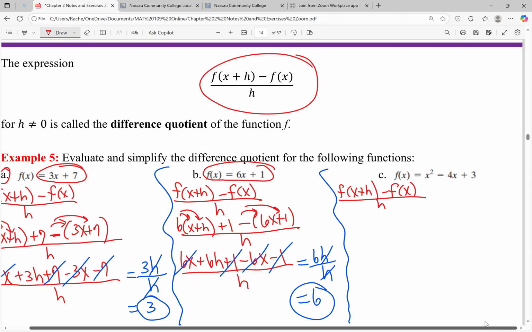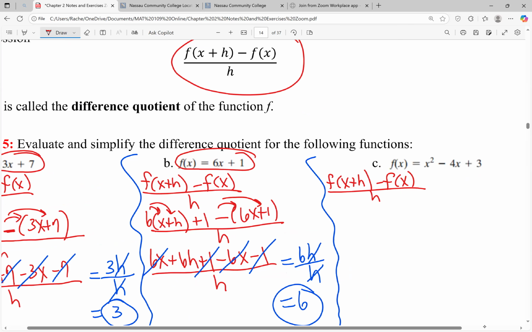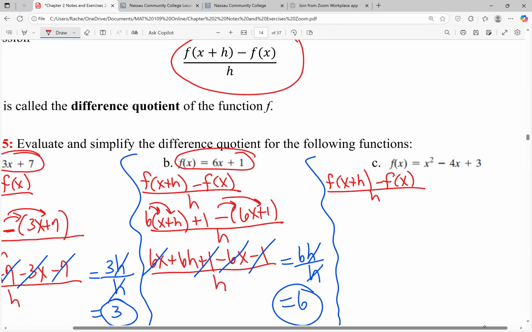Just move this over a little bit. Okay, so f of x plus h, so remember, wherever we see an x, we're going to replace it with x plus h. So instead of x squared, I'm going to have x plus h squared, then minus 4 times x, but we're replacing it with x plus h, and then plus 3. So this here represents f of x plus h.